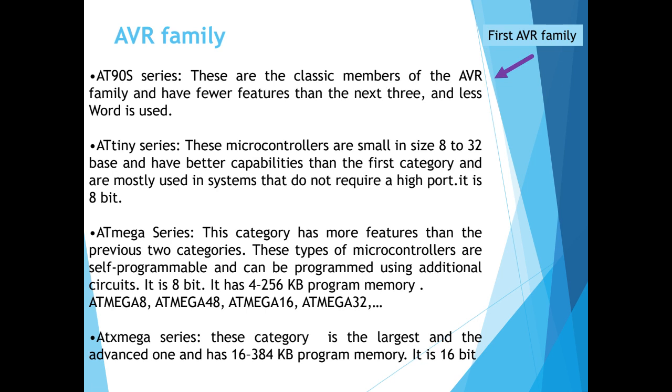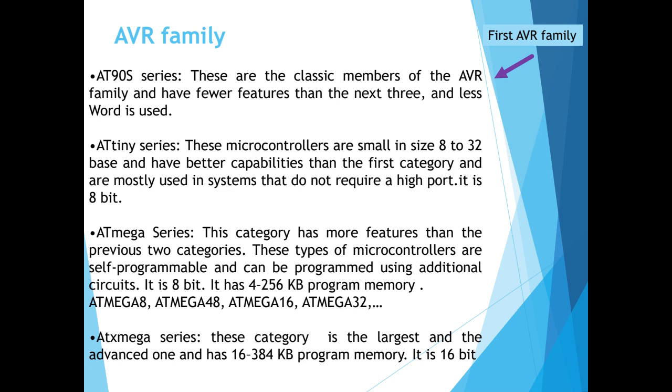But the AVR family actually had the first family, which is called the 8090S series. These types of AVR family series actually are the classic members of AVR families, and with respect to the other ones have fewer features, and also they include fewer words which are used in their structure.